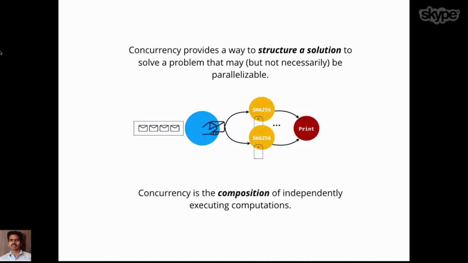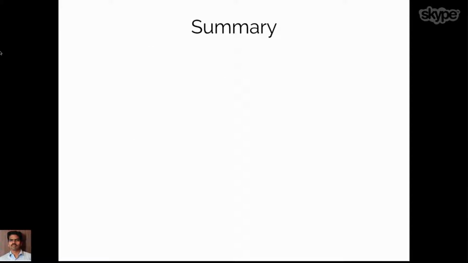We can always do things at an individual level, and then put the things together, and provided everything goes well together, we can compose them and provide a stronger solution. So that summarizes the talk: concurrency is all about structuring the solution, and as functional programmers we are already doing that.